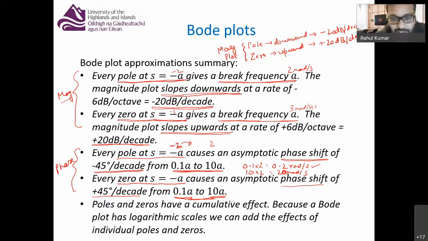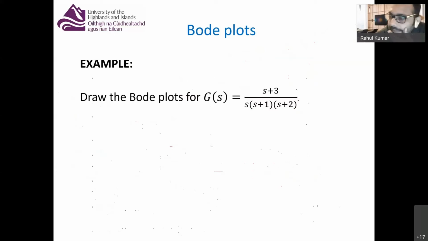So let's take one example and try to draw the Bode plot of it. Here we have a transfer function, and we have to draw the Bode plot or Bode diagram.